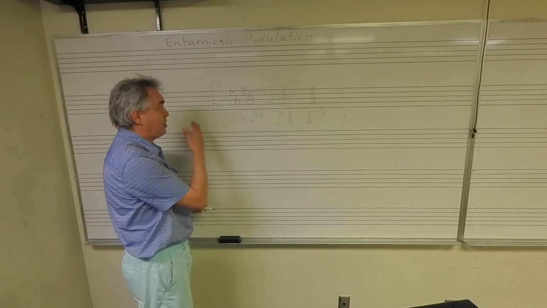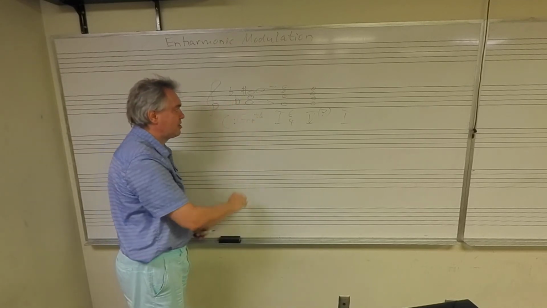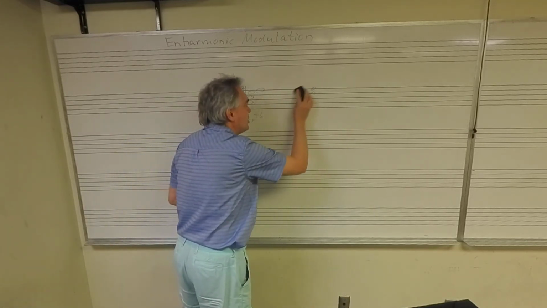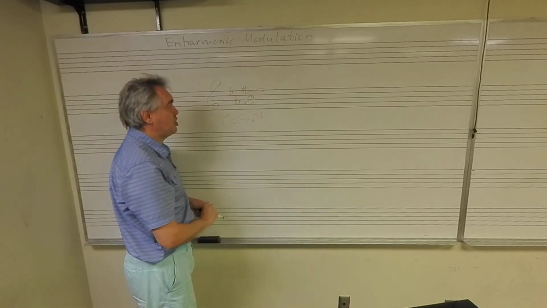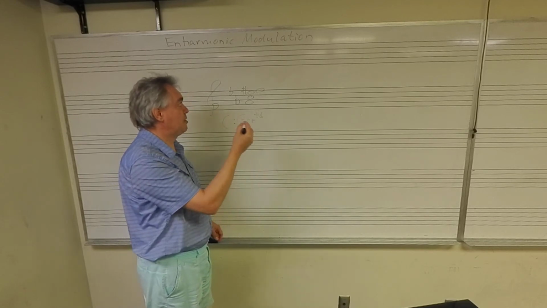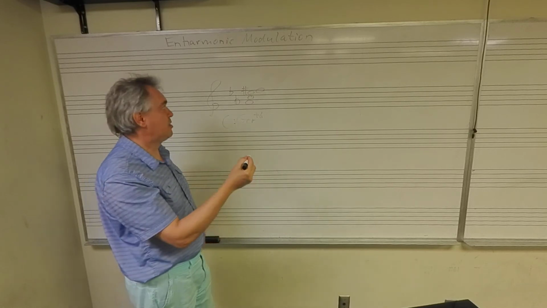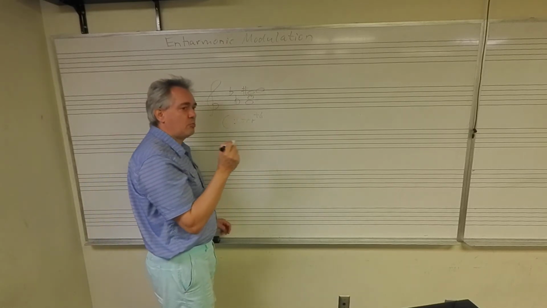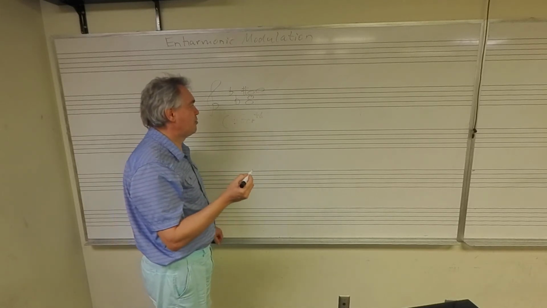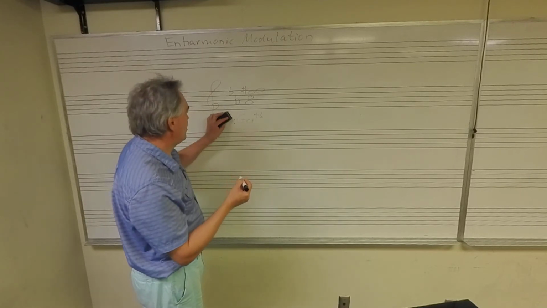But let's say the composer starts the piece and leads up to the German augmented sixth chord, but then decides to reinterpret that F sharp as a G flat. The composer can spell it either way, with an F sharp or a G flat, but resolves it as if it's a G flat. That would make it a dominant seventh chord, an A flat dominant seventh chord, and then resolve it like a dominant seventh chord.